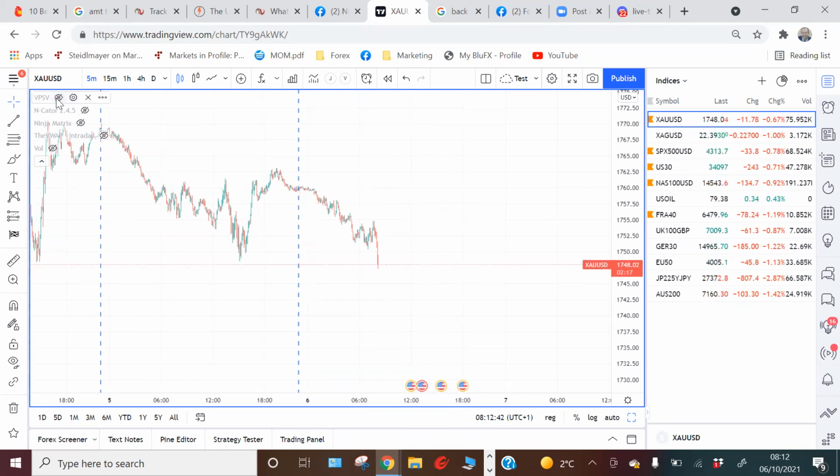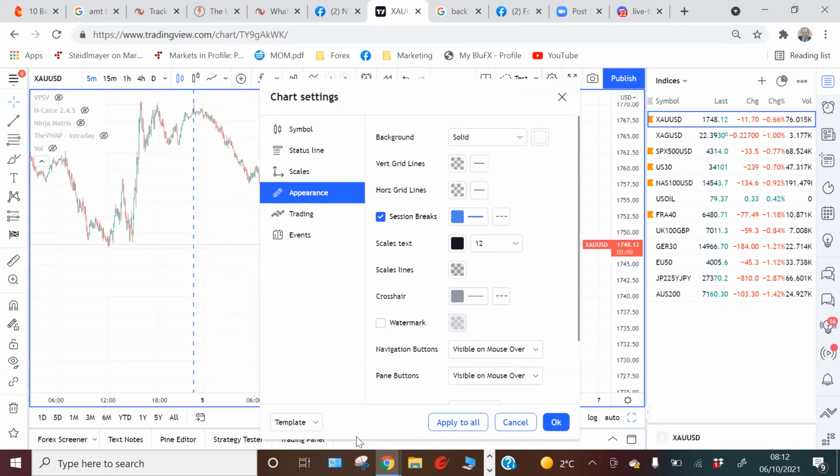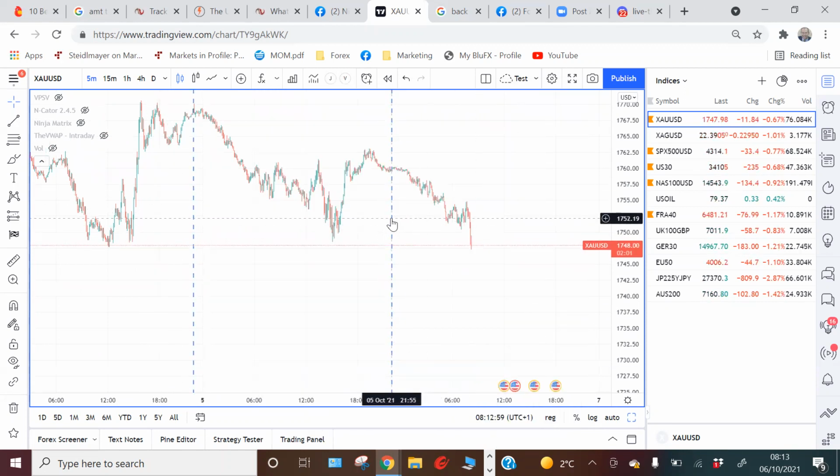Okay, so imagine I have nothing on, no indicators. This here is something one of the ninjas brought to my attention. It's called session breaks. You either switch it on or off. Some people might find that easier, because that comes on when the market opens.